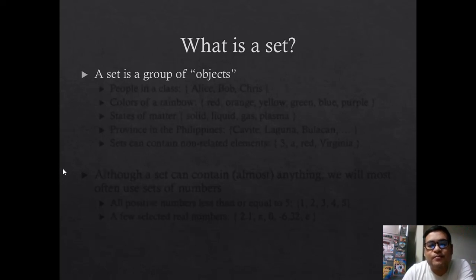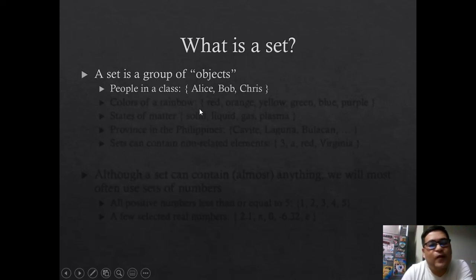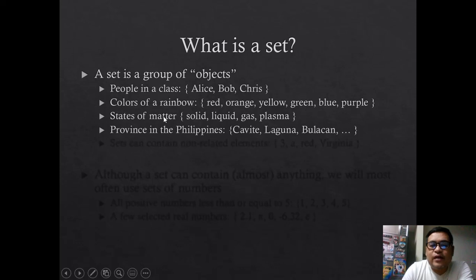Say, for example, people in a class. Specifically, say, Alice, Bob, and Chris. Okay, another group: colors of a rainbow: red, orange, yellow, green, blue, purple.